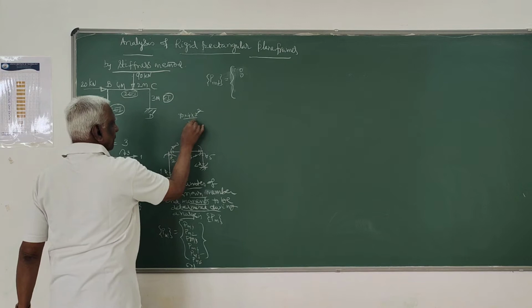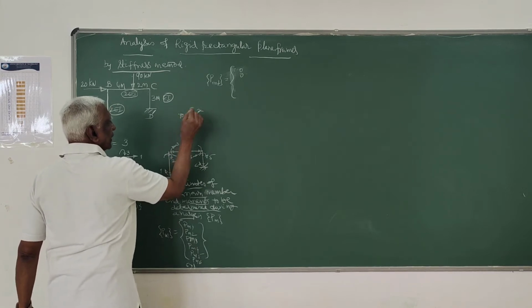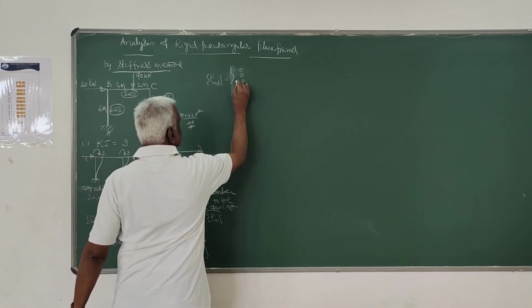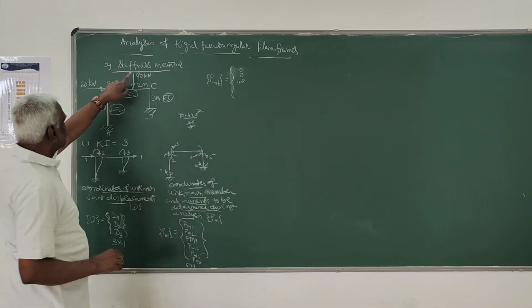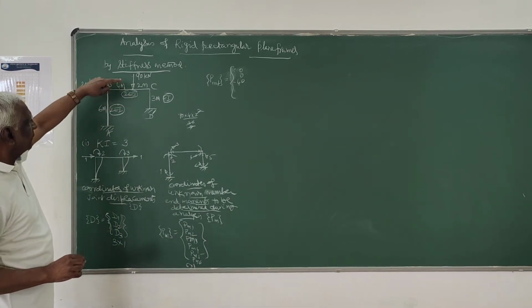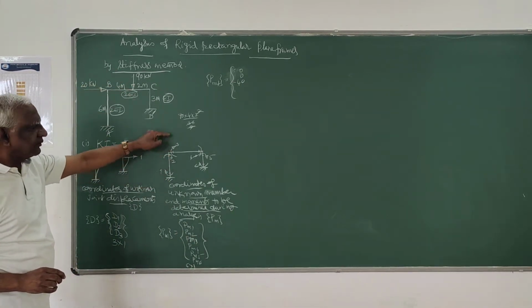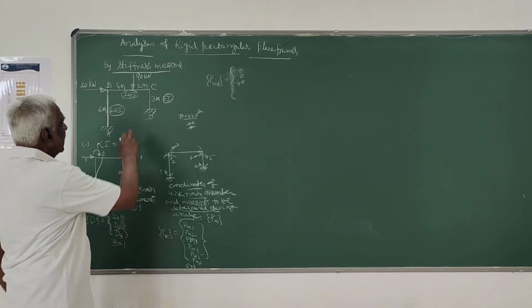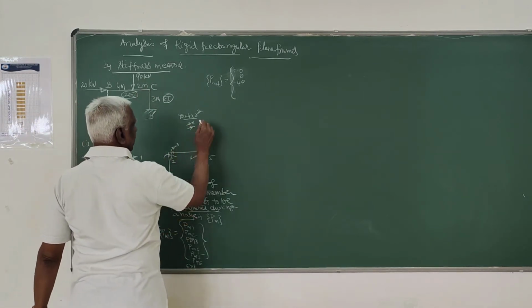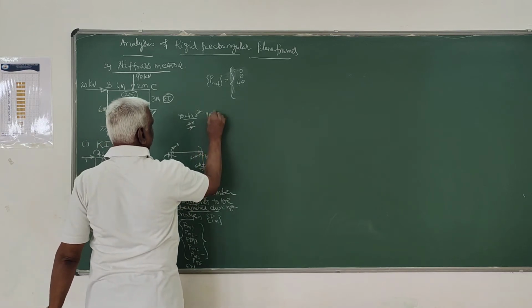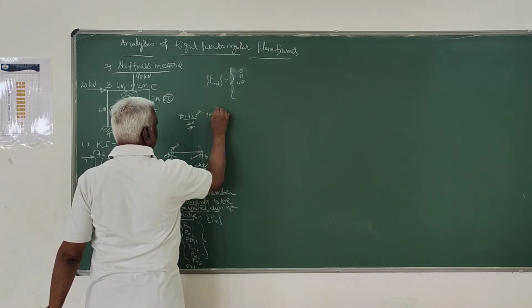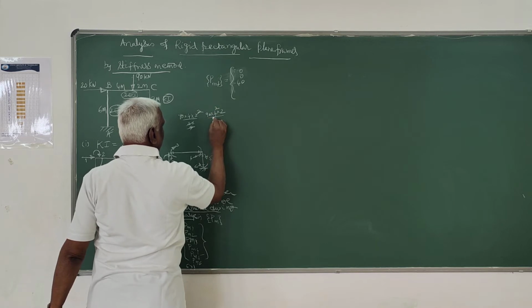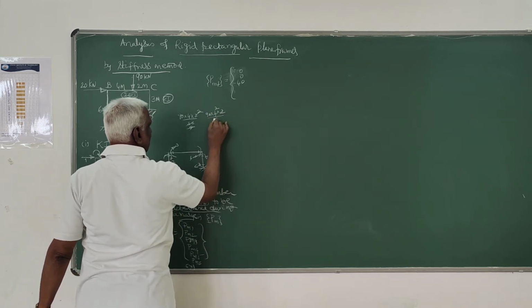So this will become 40. This is minus, because here the fixed end moment is anti-clockwise, and we have taken clockwise as positive, so that's minus 40. And corresponding to 4, it is 90 into 4 square into 2 divided by 36.